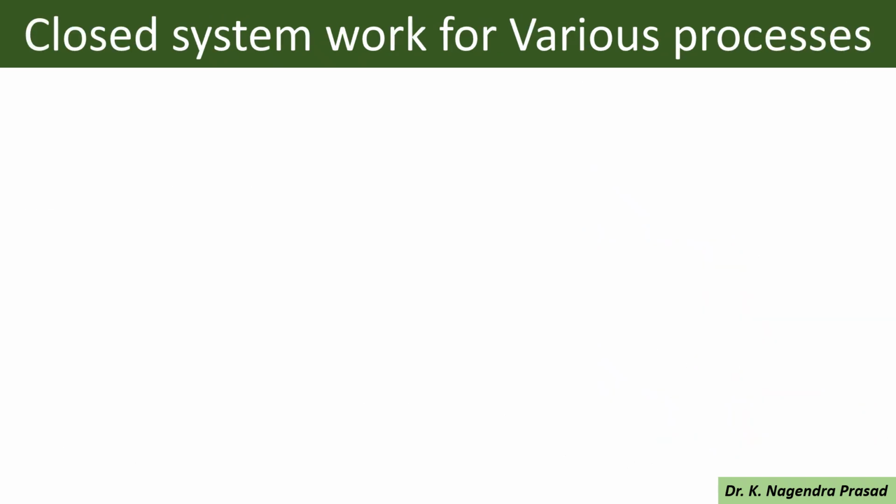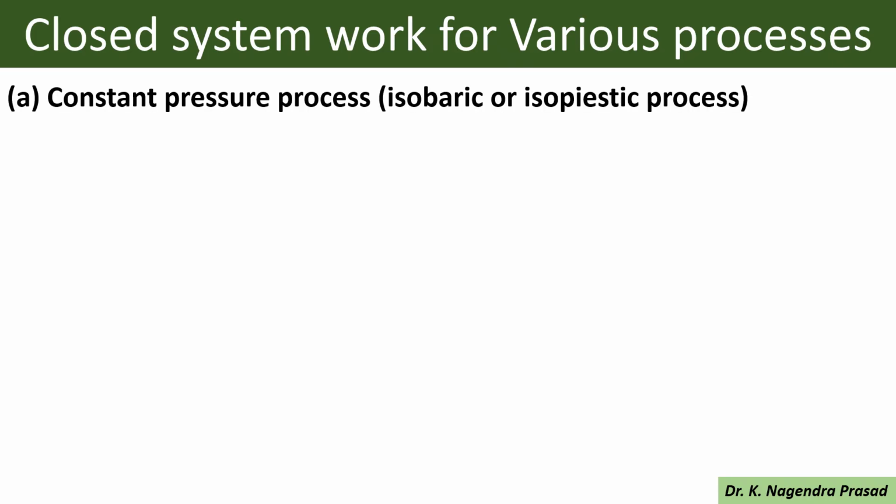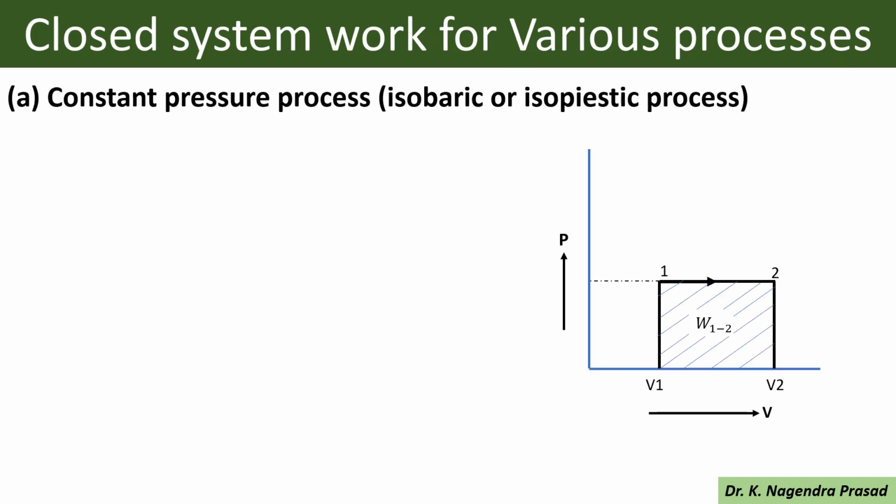Next we will discuss the closed system work for the various processes. First one is the constant pressure process. This is the PV diagram for the constant pressure process. Here the system is changing from one state to another, that is state 1 to state 2.